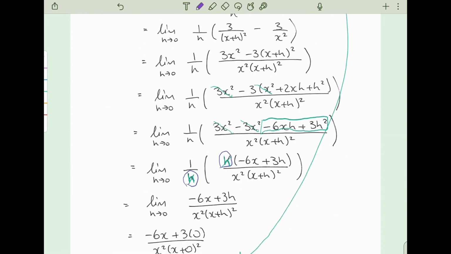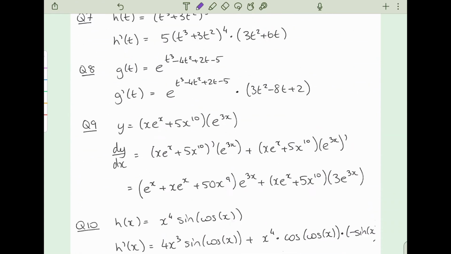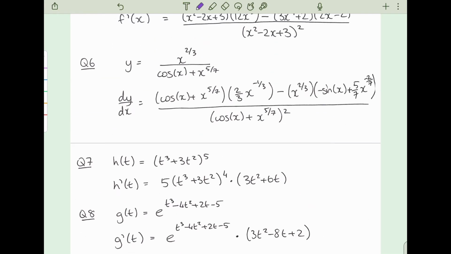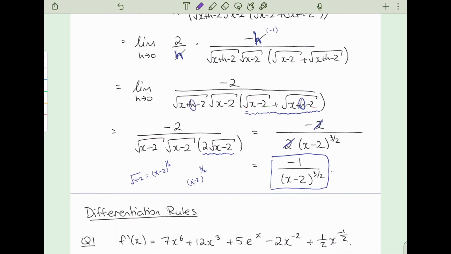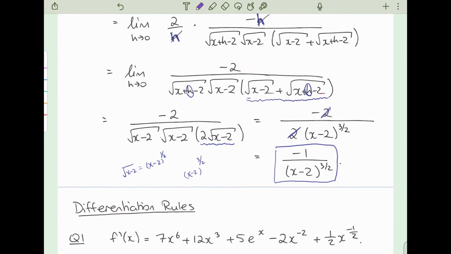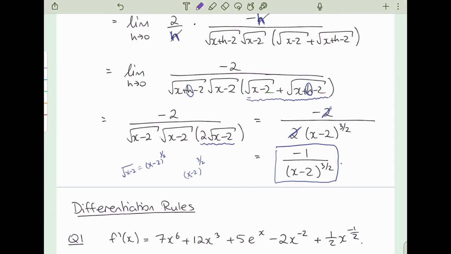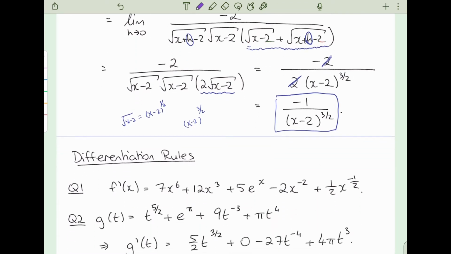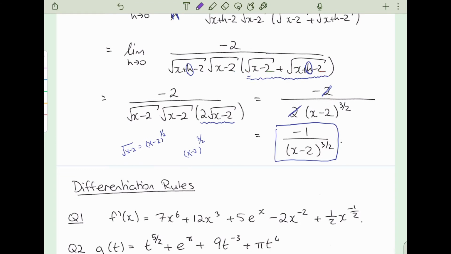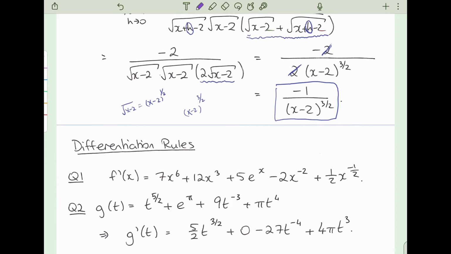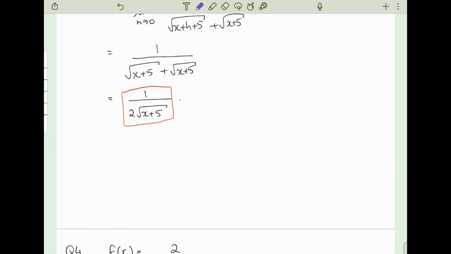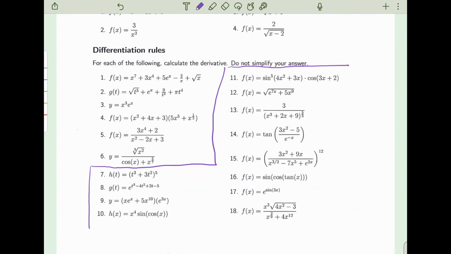Okay, so now starting with question 1 here. Where is question 1? Okay, so this one here. So we have a bunch of terms. Actually, question 1 is quite simple, right?